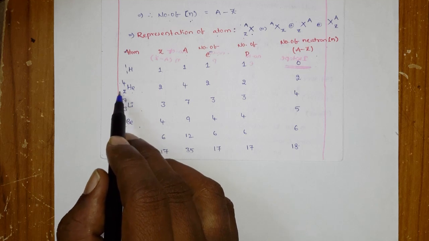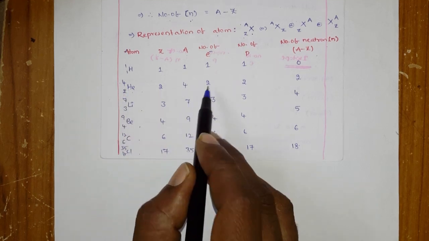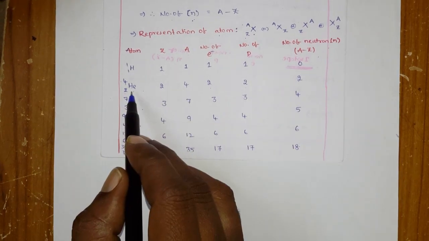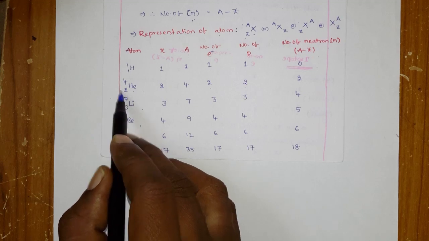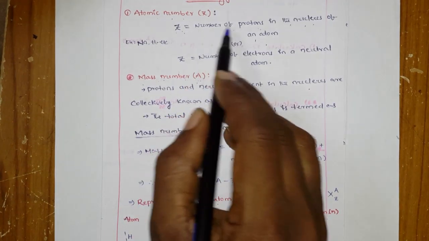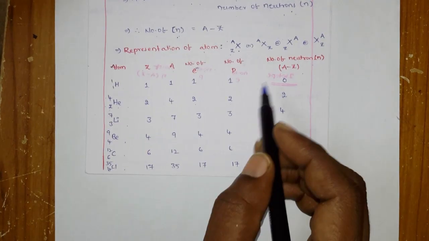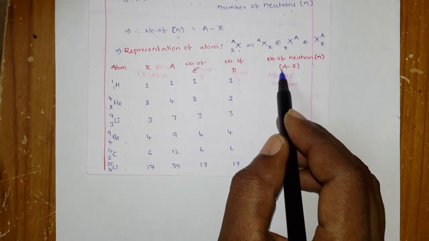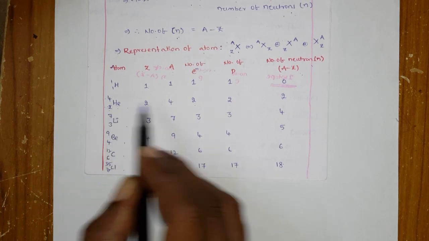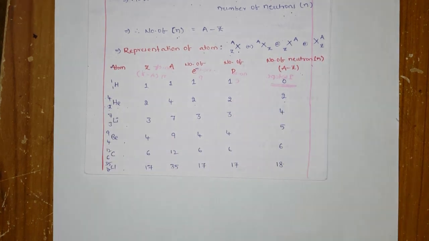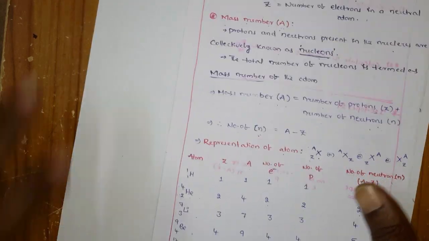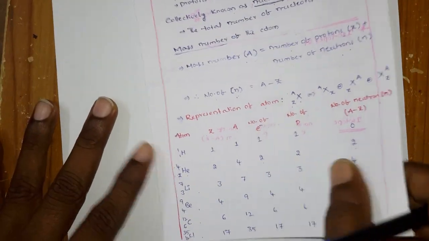The number of electrons equals Z, so that is 2, and the number of protons is again equal to Z. The number of neutrons is A minus Z, that is 4 minus 2. Like this you can calculate the number of neutrons. Already you know all these things, but once again, please.